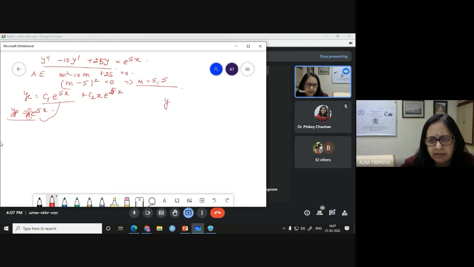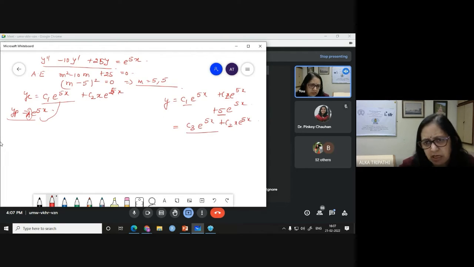Then my final answer will be c1 e to the power 5x plus c2 x e to the power 5x plus 5 e to the power 5x. Since 5 is a constant and c1 is an arbitrary constant, I can combine both and write it as c3 e to the power 5x plus c2 x e to the power 5x. So now you see I don't have a particular solution in this case.